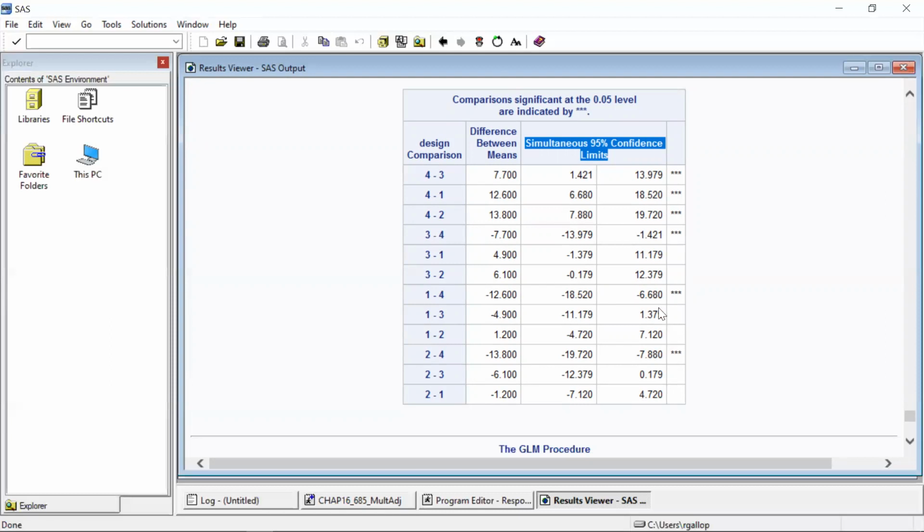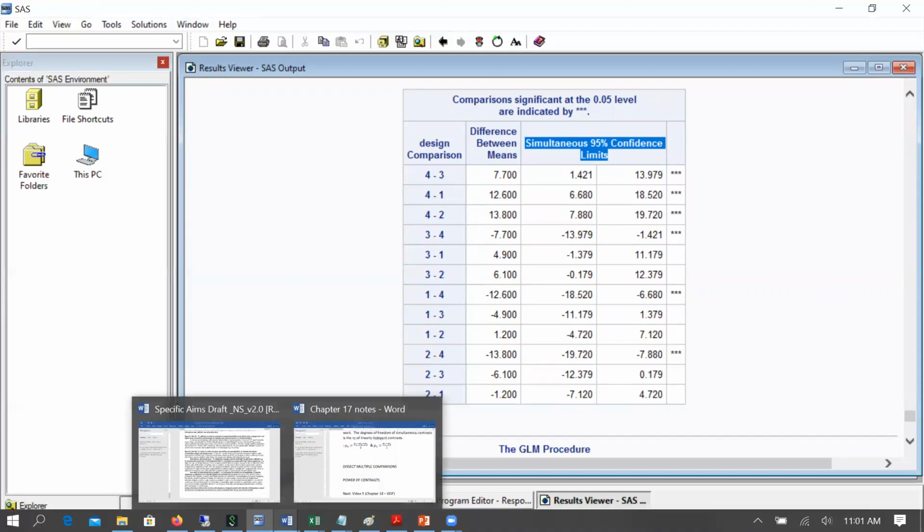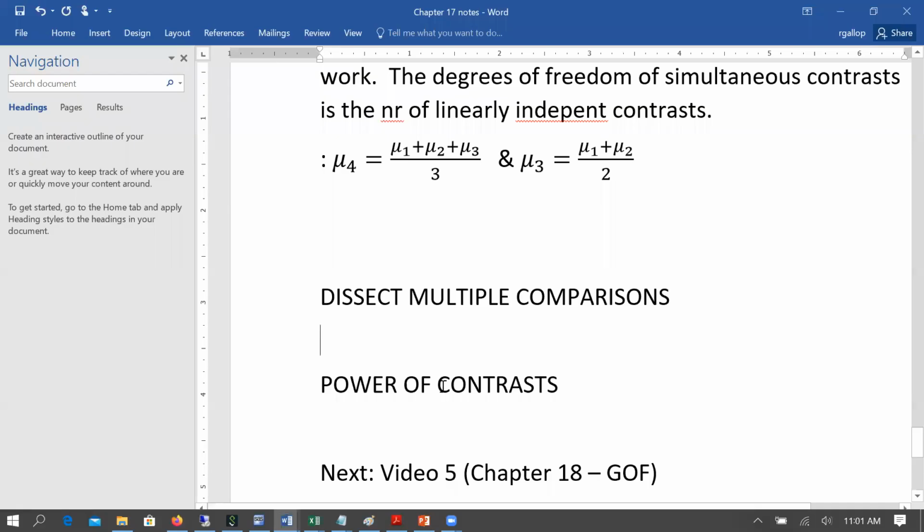So now let's focus on the 4-1 comparison. With the 4-1 comparison, you can see in this case here, the Tukey adjusted confidence interval for the mean difference is that. So if we go here, 6.68 to 18.52.